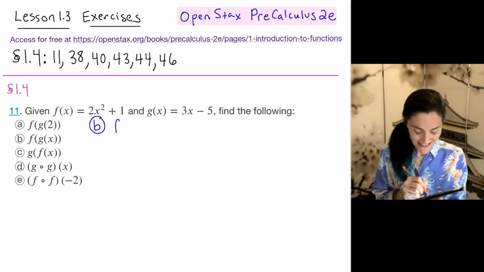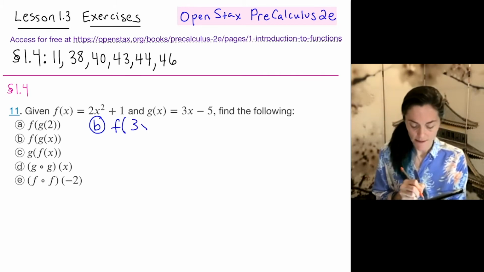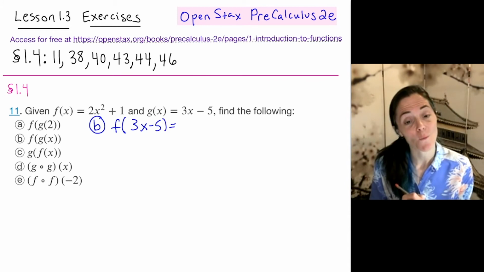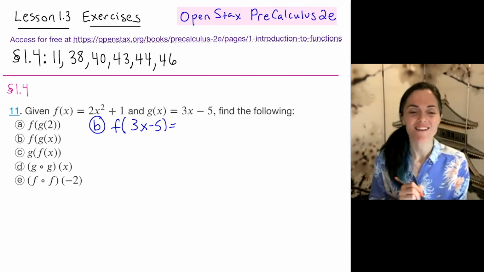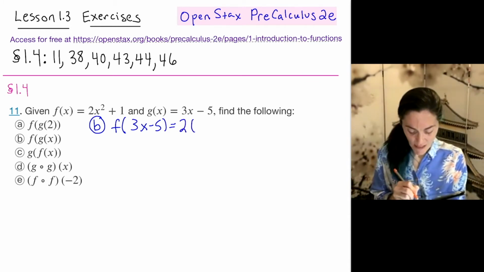What we want is f of g of x. So I put in 3x minus 5 where I see an x in the formula for f. We get 2 times (3x minus 5) squared plus 1.